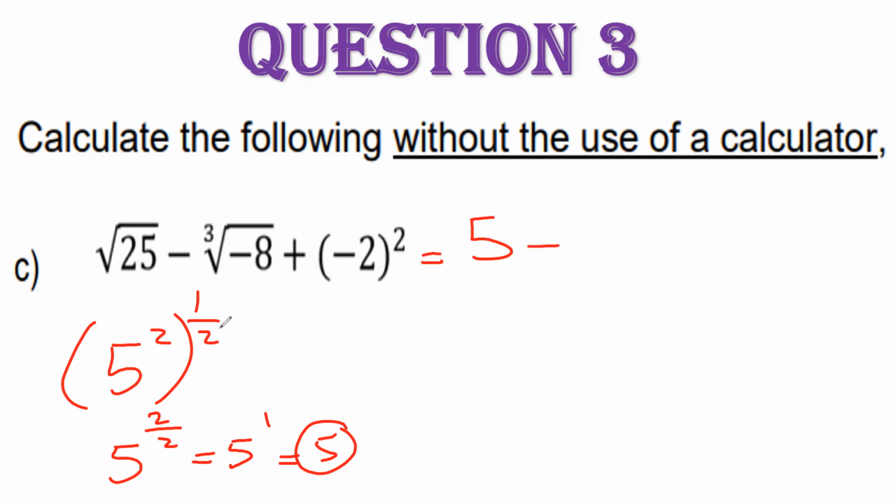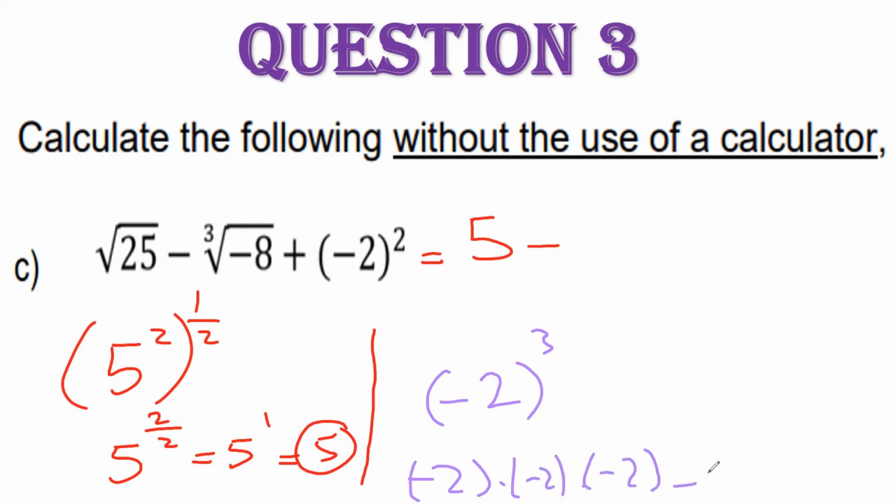And minus, the next one. Okay, let's change our color. Negative 8. What is negative 8? It is negative 2 to the power of 3. Why? Because negative 2 times negative 2 times negative 2 gives negative 8.